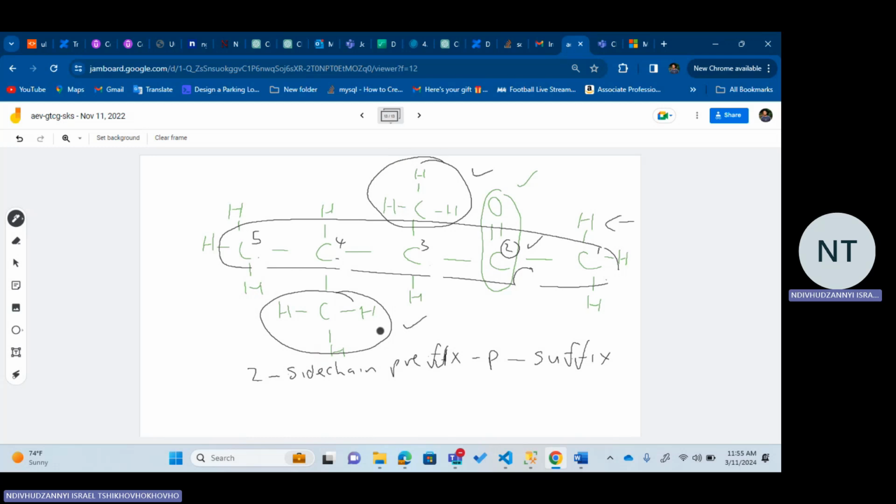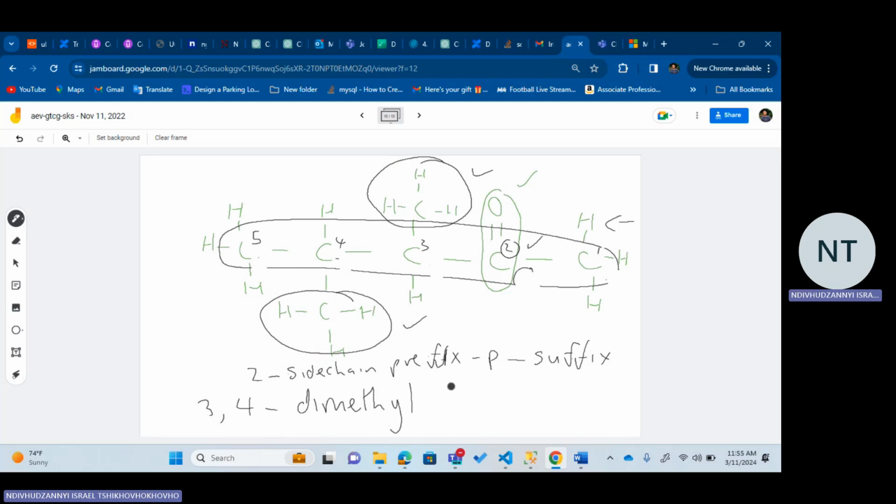And if they have the same number of carbons, we use di. So di means 2, right? The first one is in position 3, comma, the second one is in position 4. Since it's the same number of carbons, we'll say di. It's 1 carbon, so it's methyl.